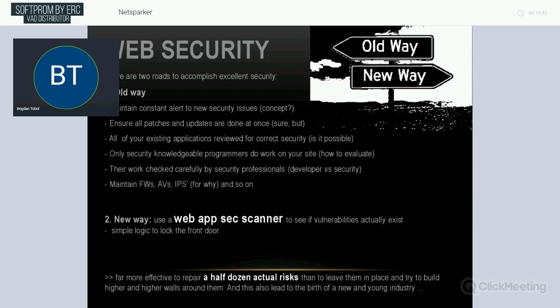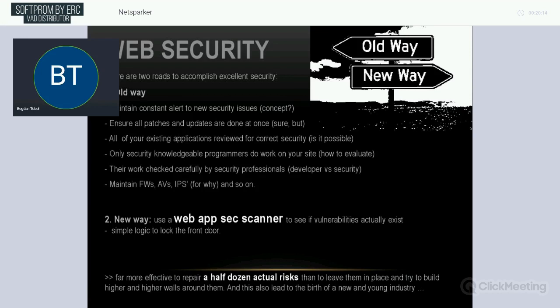The second way is to use an automatic web application security scanner, like the penetration testers use, to save time and money. And it is the simple logic to lock the front door instead of trying to bring new brick for the wall around the application and data.